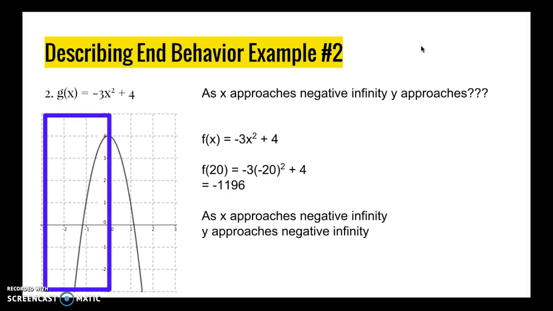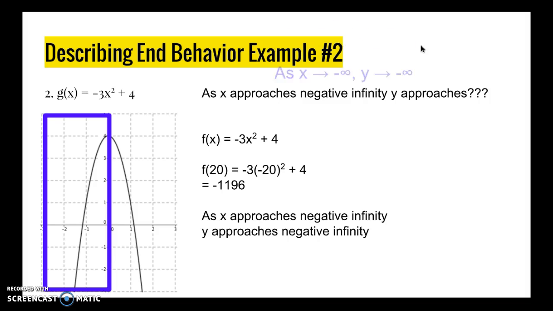And so we'll do it again on the negative side. As x approaches negative infinity, y approaches, and we're going to figure that out. Just like we did last time, we put in the negative 20, and our result is negative 1,196. So as x approaches negative infinity, y approaches negative infinity.